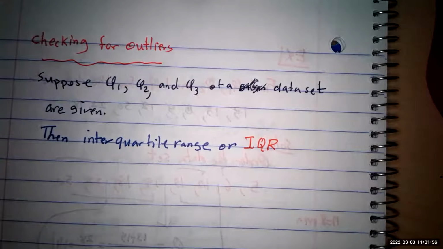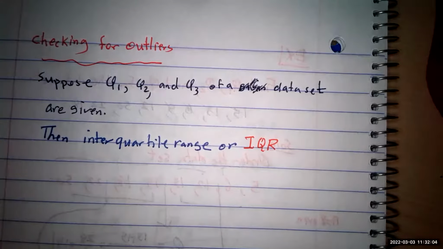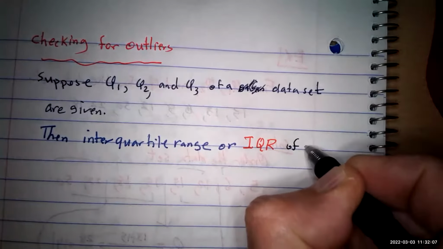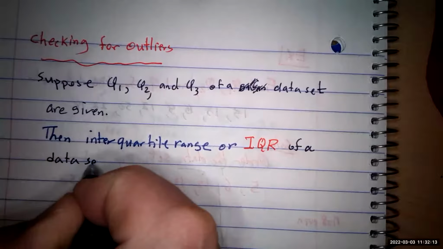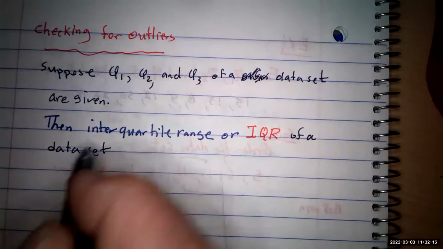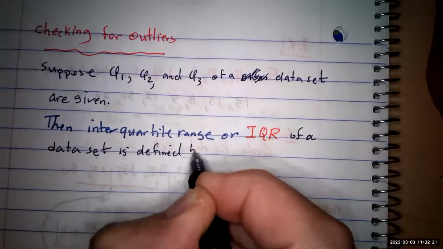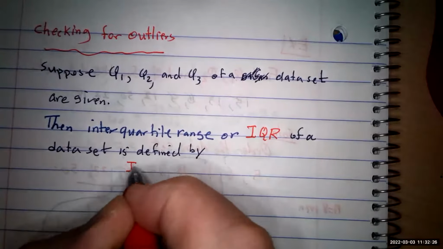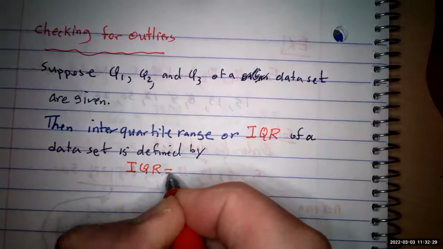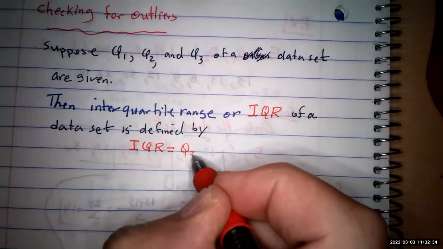And this is only the difference between the Q3 and the Q1. Okay, so the IQR of a data set is going to be defined by, make sure you get the writing done correctly, IQR is equal to the difference between Q3 and Q1.